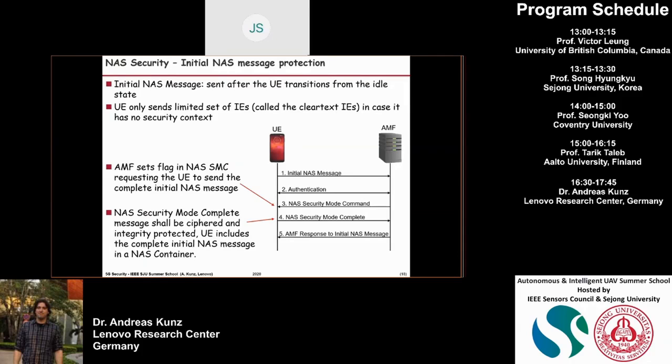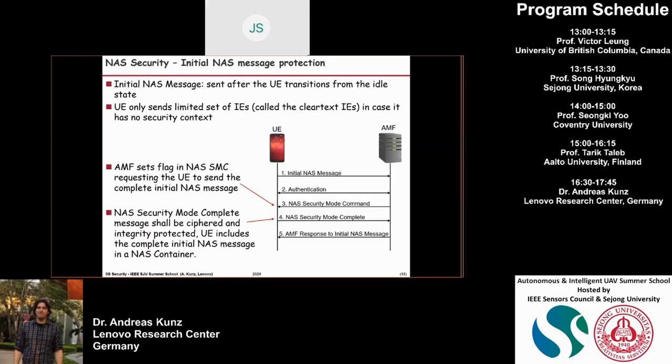This is a problem for some of the information elements. The idea now is that the UE sends the initial NAS message with only a very limited set of information elements which are needed by the AMF to trigger the authentication with the UE.